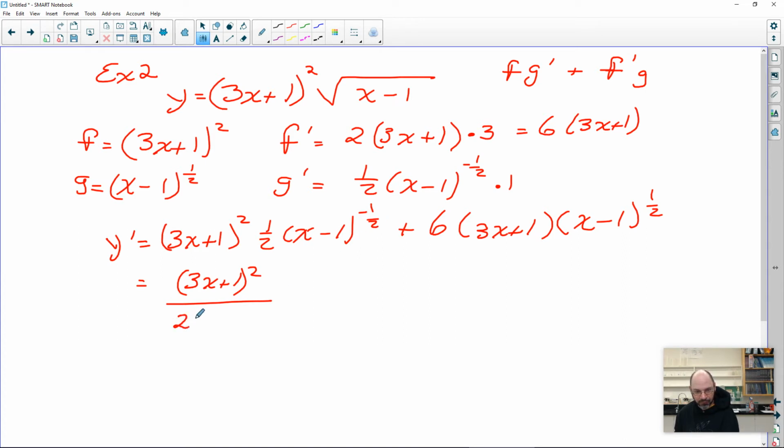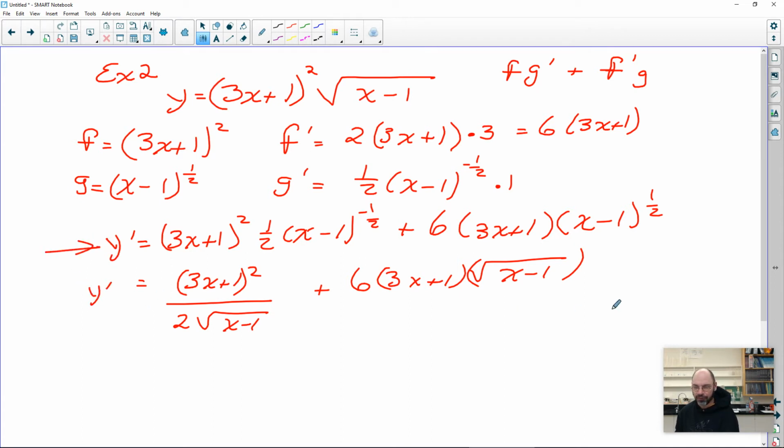So the 2 times root x minus 1 plus 6 times 3x plus 1 times the root of x minus 1. So if you had it in root form, some books might put it in that answer. This is good. This is also good. So that's the one thing here.